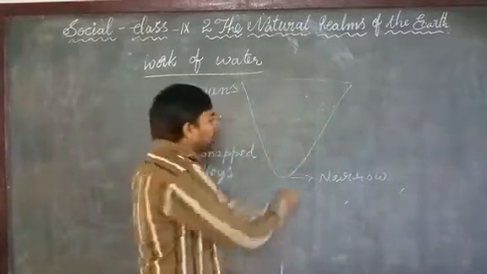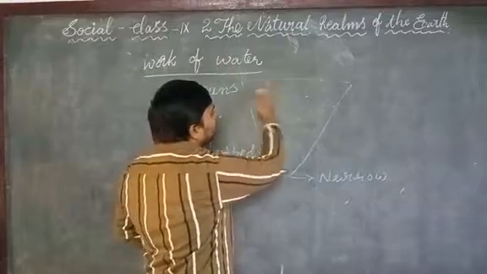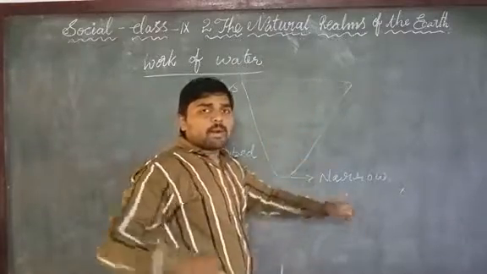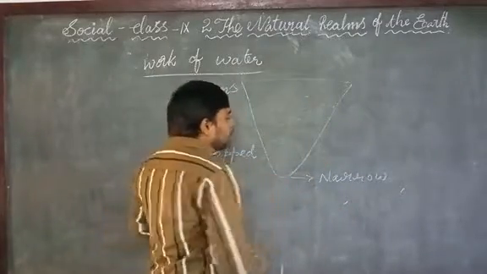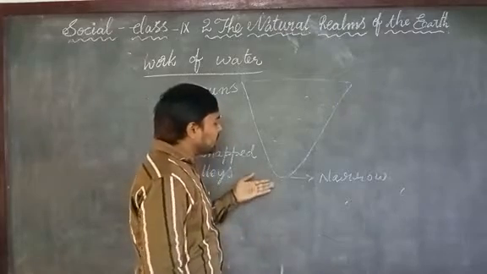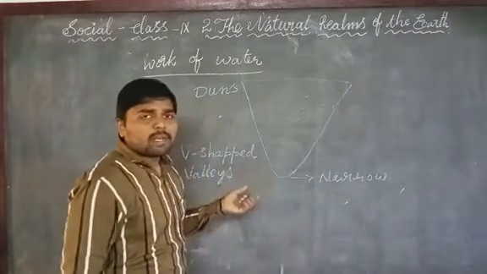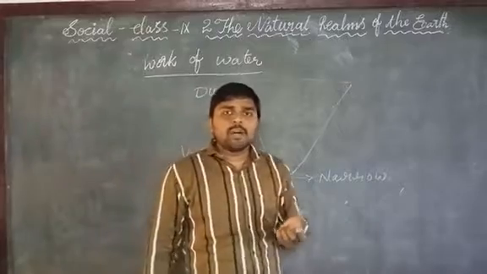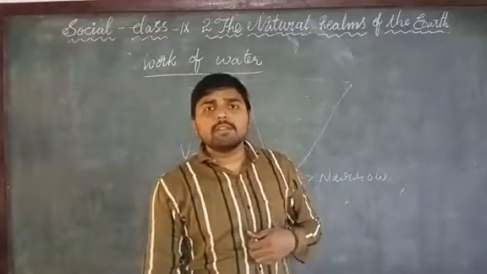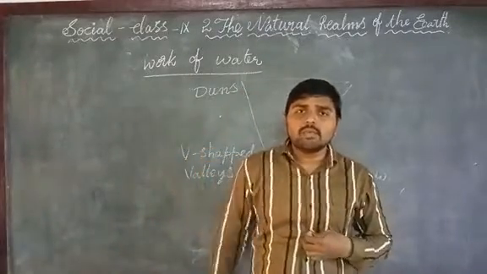At the top of the valleys they have a very broad length, and at the bottom a very narrow length. Why? Because of the work of water. Due to the work of water, these valleys are formed.